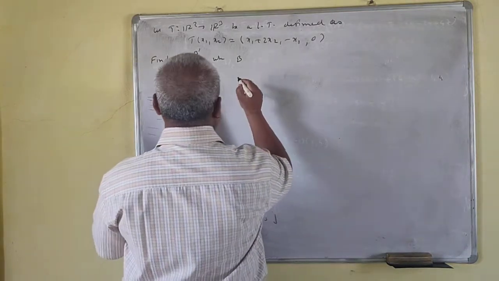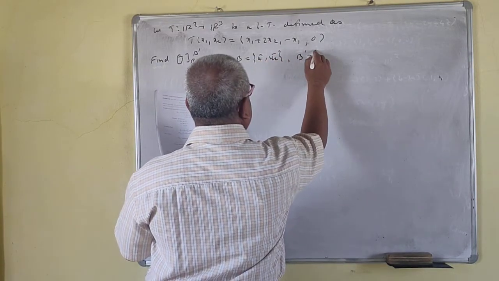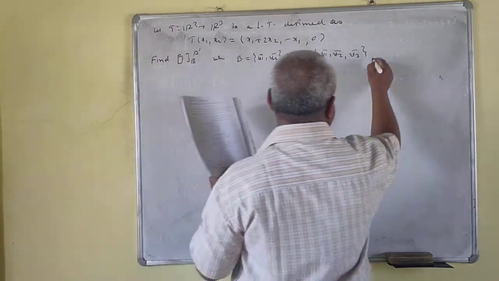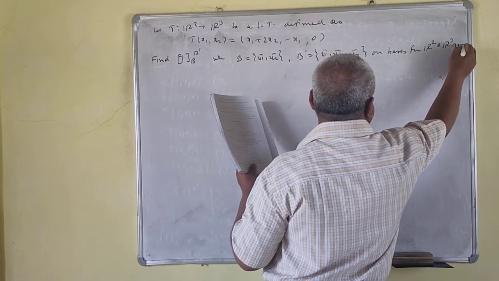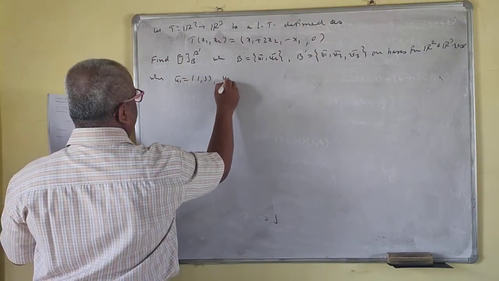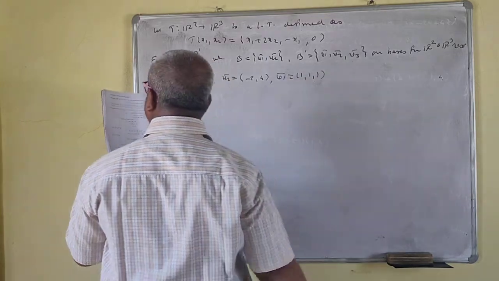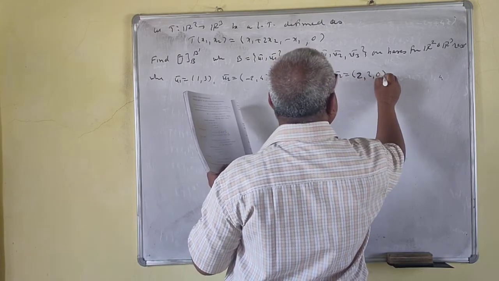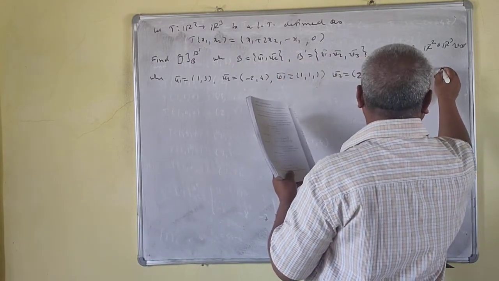So B is equal to U1 bar, U2 bar, and B prime is equal to V1 bar, V2 bar, V3 bar, which are bases for R2 and R3 respectively, where U1 bar is equal to (1, 3), U2 bar is equal to (-2, 4), V1 bar is equal to (1, 1, 1), V2 bar is equal to (2, 2, 0), and V3 bar is equal to (3, 0, 0).